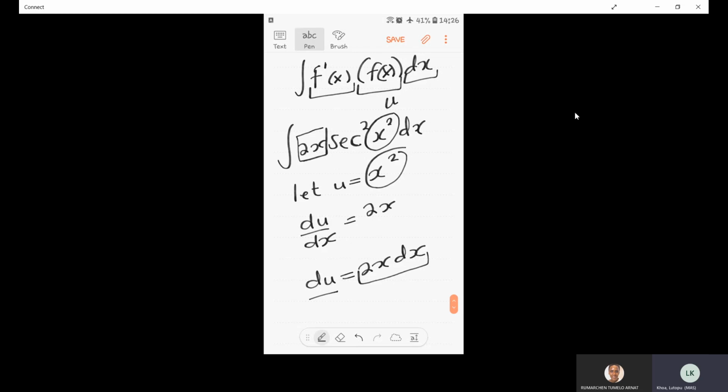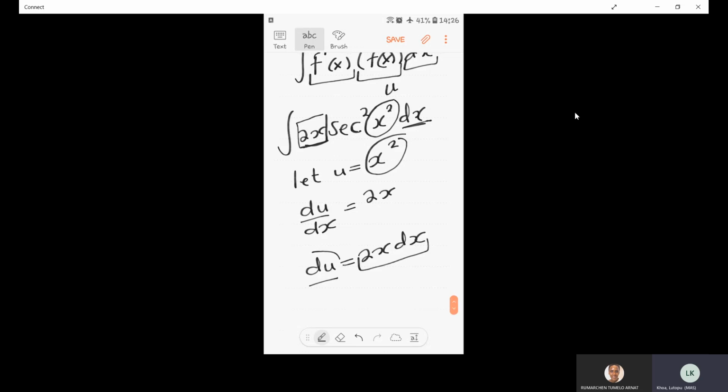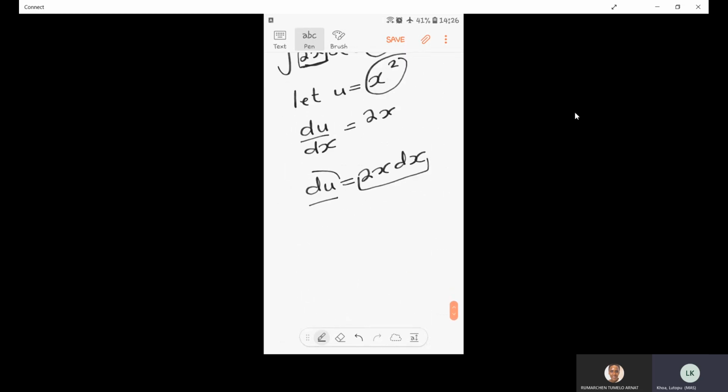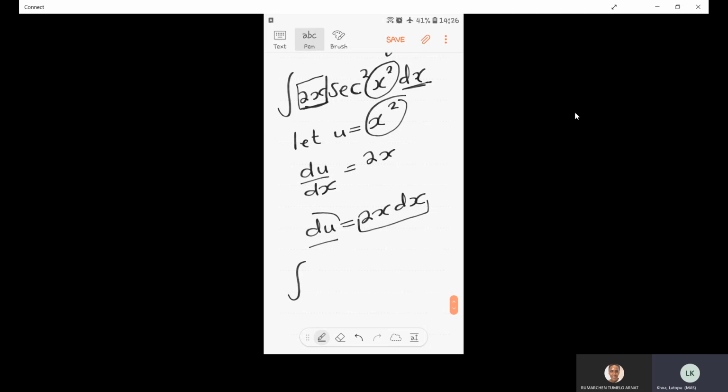So what I have is the integral of sec squared u du. Notice the 2x is gone, the dx is gone, because 2x and dx make up du, and the x squared is gone, and I have replaced it with u.